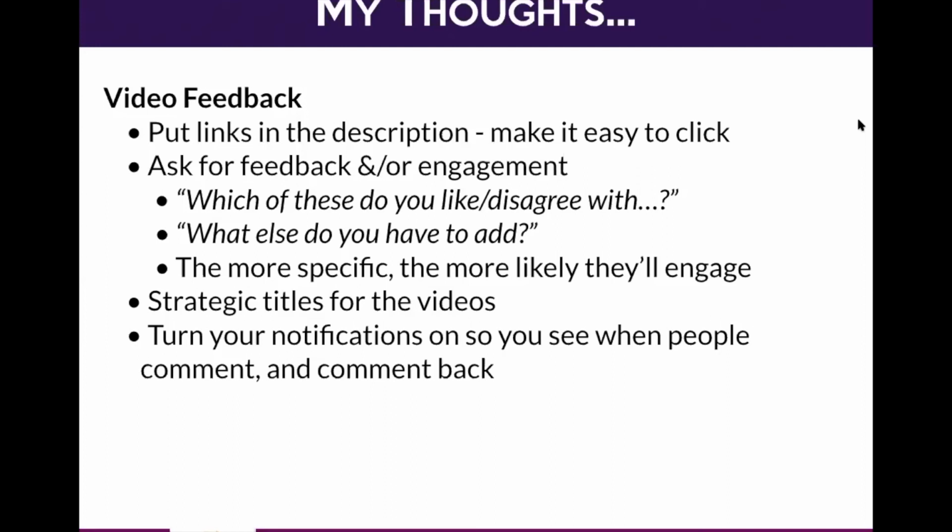And sharks are much less likely to respond to comments than dolphins are, because that's just not their higher priority. So it's one of the ways that people will recognize that you really give a damn, is by the fact that you engage and you answer their comments. And I've had a lot of people that have come into our community just through conversations that were started on YouTube videos.